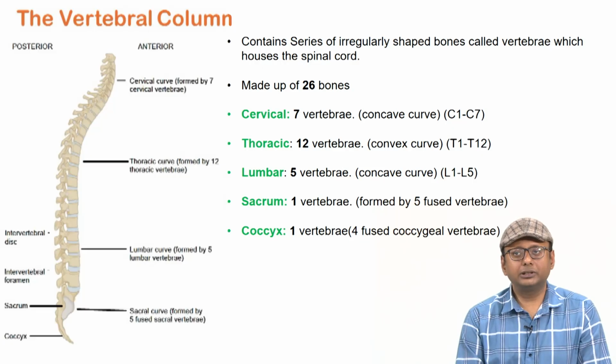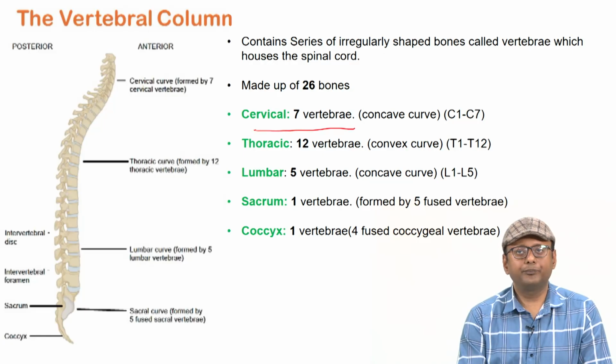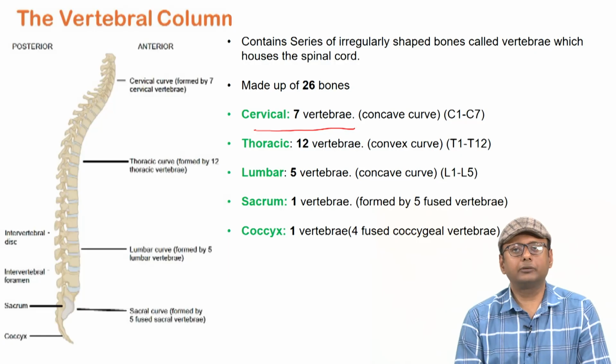So, what are the different divisions of the spinal column? You can see we have 7 cervical vertebrae in the cervical area, C1 to C7.